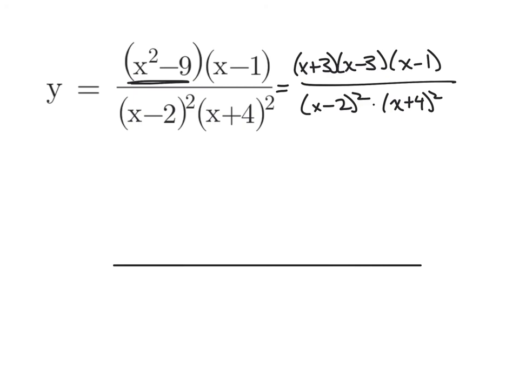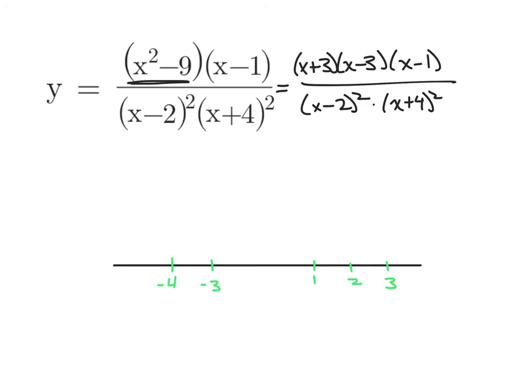So, to create our sign chart, we're going to identify those most important numbers. And it looks like our smallest one would be negative 4. Then we'll have a negative 3, positive 1, positive 2, and positive 3. So a lot of numbers to pay attention to.